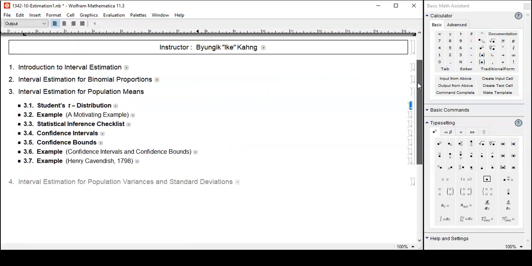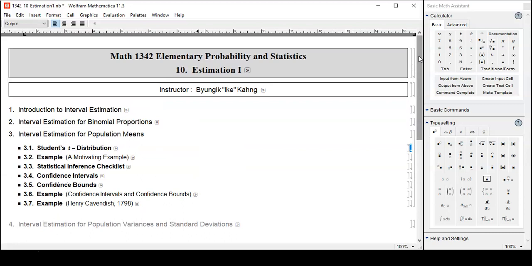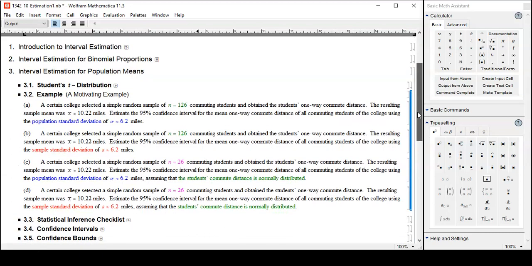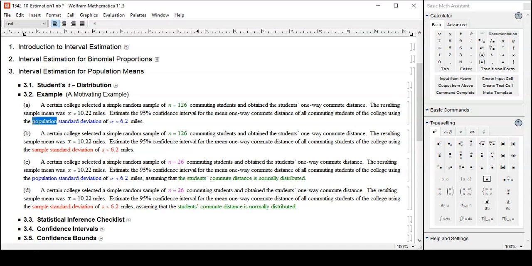Now, before going over to the real application problem, let's have a bit of a decision-making exercise. Please stop the playback and read through. The first problem is the very same as the one we studied in section 1, except that I explicitly emphasize that this is the population standard deviation, and also I color-coded accordingly.